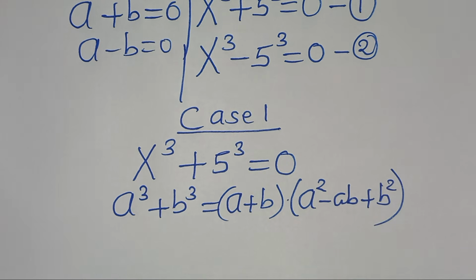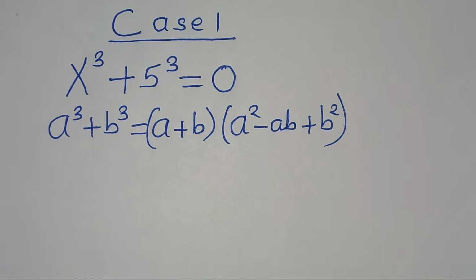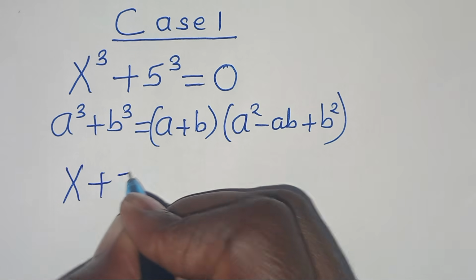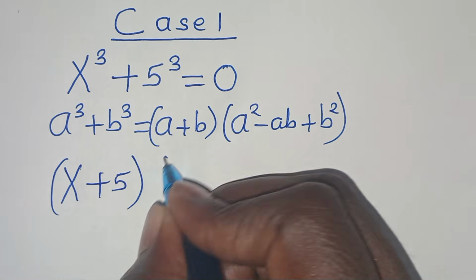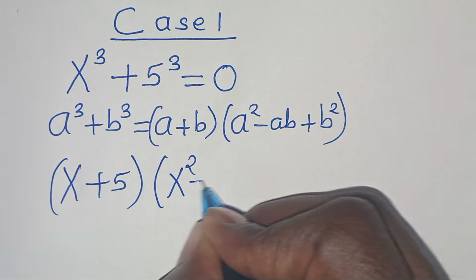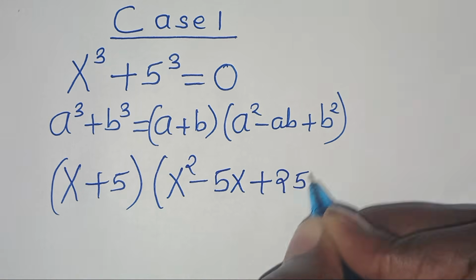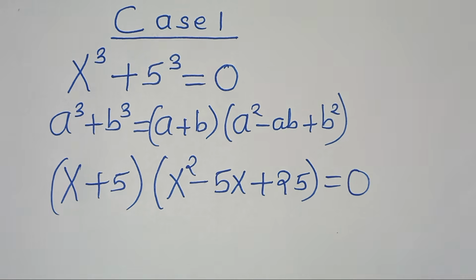Applying this identity, we have x plus 5 times x to the power of 2 minus 5x plus 5 squared, which is 25, equal to 0.